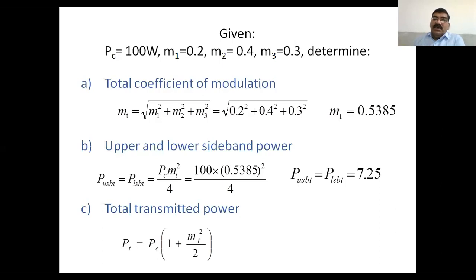Addition of all three, that is 100 plus 7.25 plus 7.25, is 114.5. Just verify with the formula we got earlier. Obviously it should be the same, but just verify.